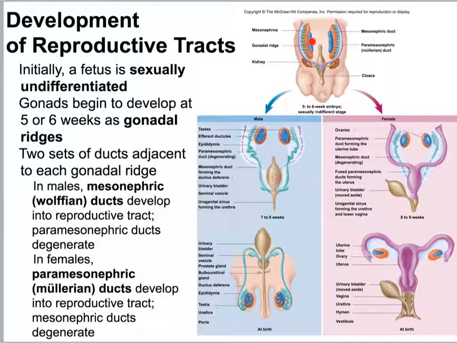You have a clump of cells called a gonadal ridge, and it is surrounded by the mesonephros, and on the outside you have the Mullerian duct, and you have the mesonephric duct.